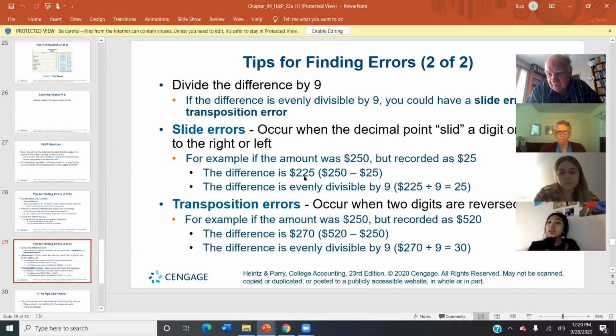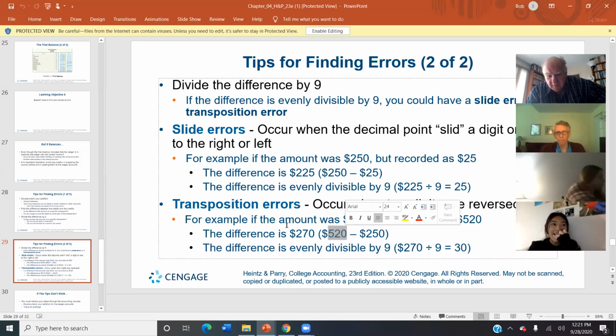I'm just going to take your attention to transposition errors. Roby, have you ever heard of a transposition error being divisible by 9? Yeah, I've heard that. It's a trick you can try to figure out the error. Yeah, what we're talking about here is if you transpose two numbers, in other words, you flip-flop them.